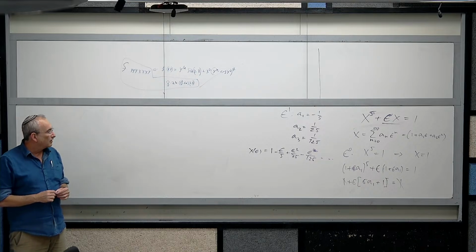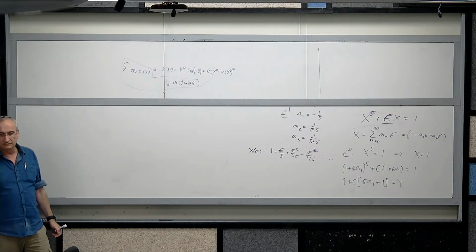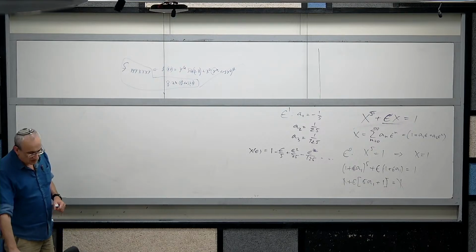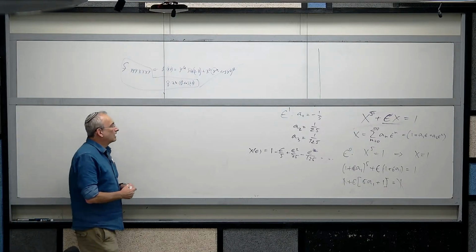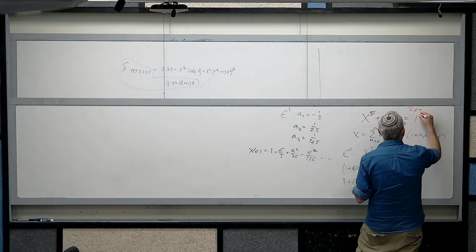If it converges, it's a Taylor series, so it has a finite radius of convergence. But as epsilon goes to 0, it converges to the complex solutions as well. So in that sense, this is a regular perturbation theory.